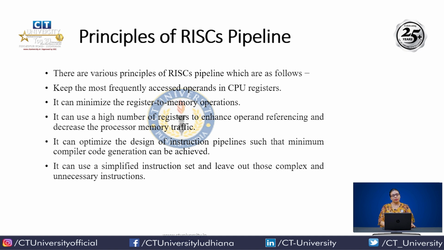But in both cases it takes CPI equal to 1. Similarly for the 50th instruction it takes I50 equals N50 into M50. It also consumes CPI equal to 1. Similarly for 100 instructions it also takes CPI equal to 1. So this is achieved only in the RISC pipeline instead of the simple pipeline.